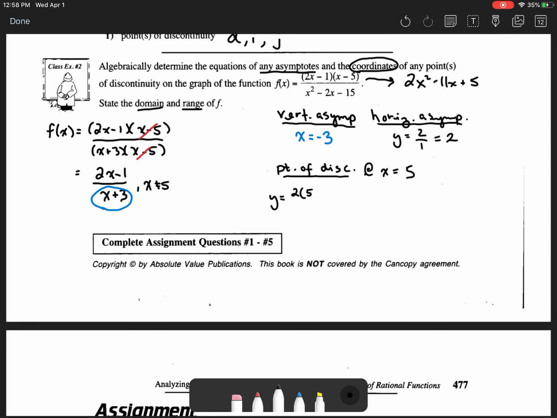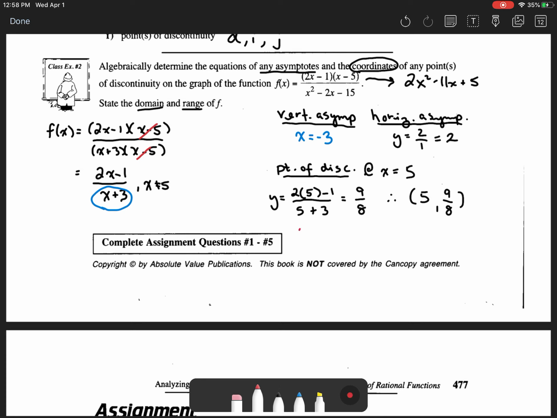So it'll look like this: 2 times 5 minus 1 all over 5 plus 3. So 10 minus 1, that's 9, over 5 plus 3, which is 8. So there's your y value. Your point of discontinuity, therefore, occurs at 5 and 9 over 8.